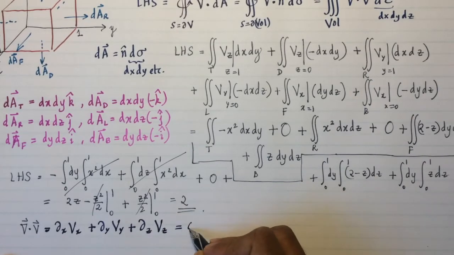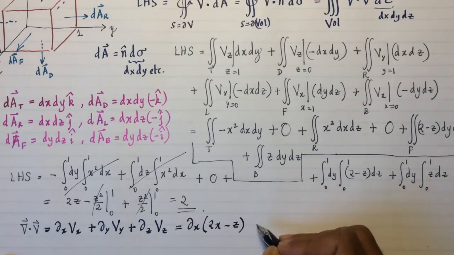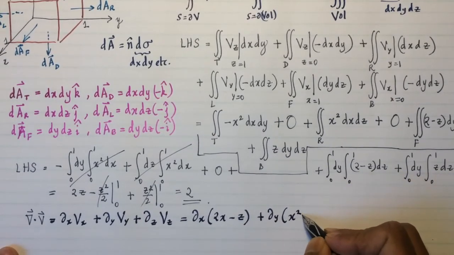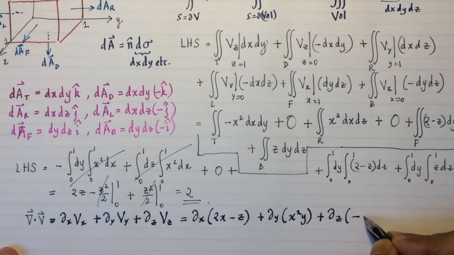That's all it is. So let's find out what that is. Del x of vx is that. Del y of vy is that, and del z of vz is that.